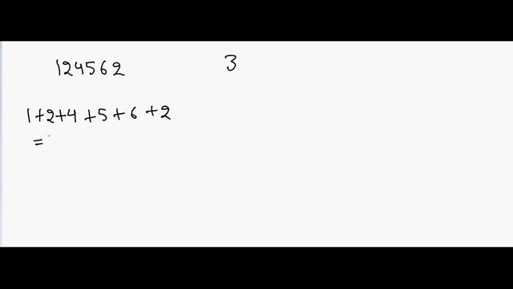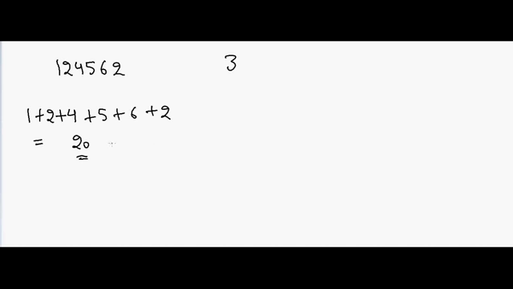That will give me 3, plus 4 is 7, 7 plus 5 is 12, 12 plus 6 is 18, plus 2 is 20. As you can see, 20 is not divisible by 3.